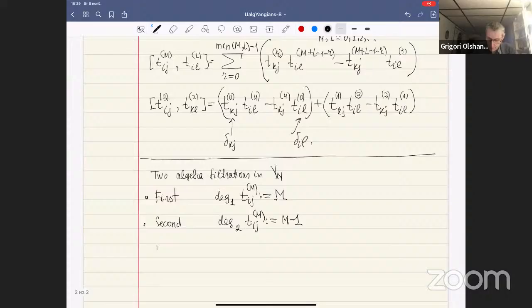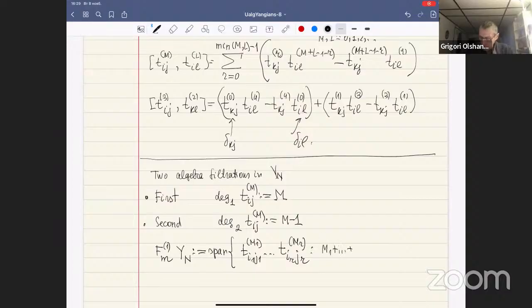This means that in the first filtration, this is my definition, the term of degree less or equal to m, given some natural number m, is by definition the span of the monomials in the generators, some finite number of terms, subject to the restriction that the sum of the superscripts is less or equal to m. So this is the definition of the first filtration.